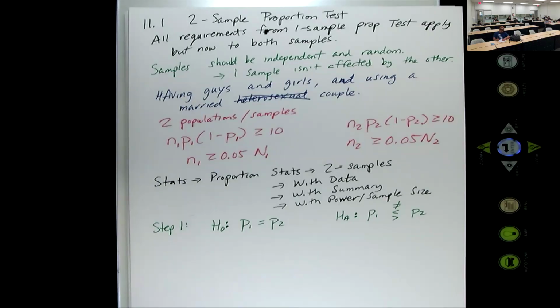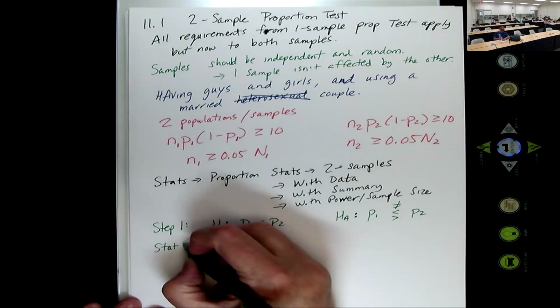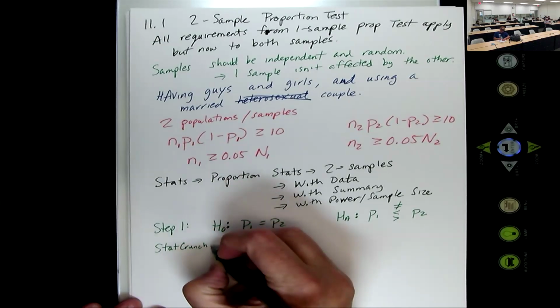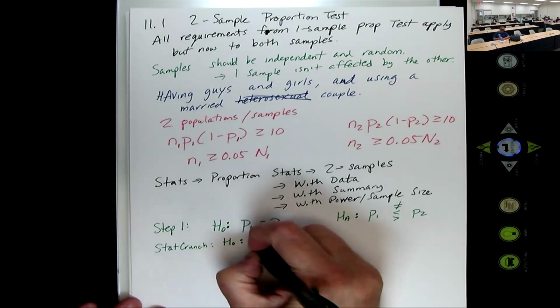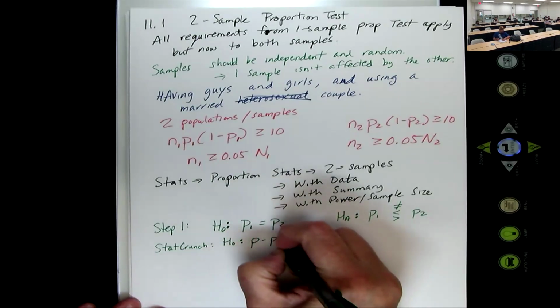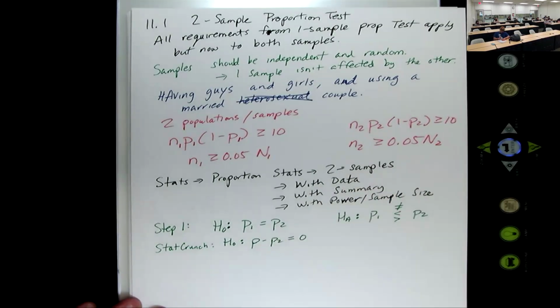StatCrunch is not gonna look like that though. The way StatCrunch shows this, when you put in the hypothesis stuff, it shows H naught as P1 minus P2 equals 0.